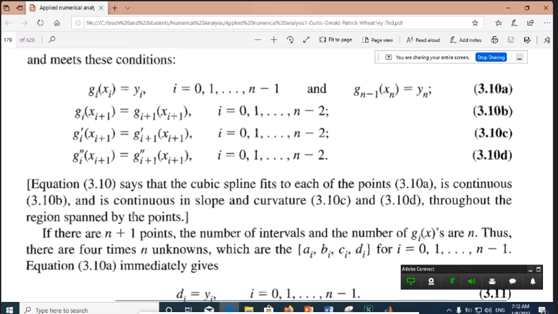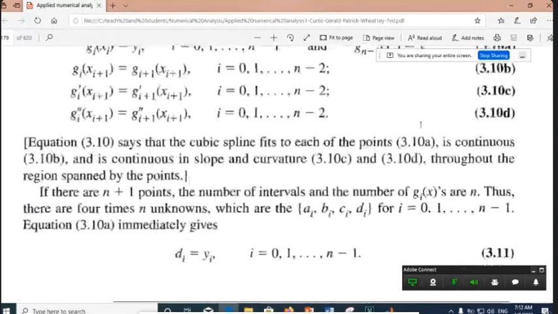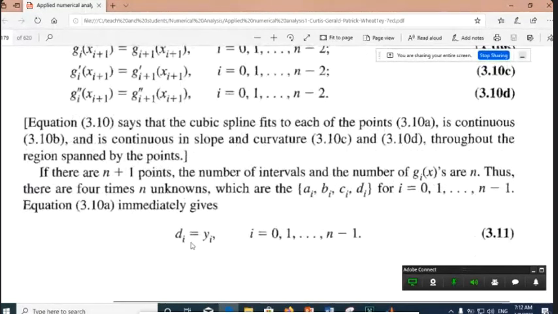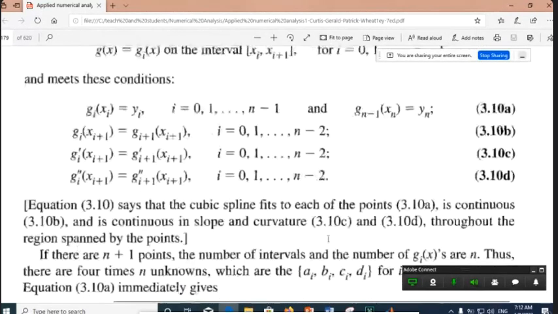Equation 3.10a immediately gives d_i equals y_i.